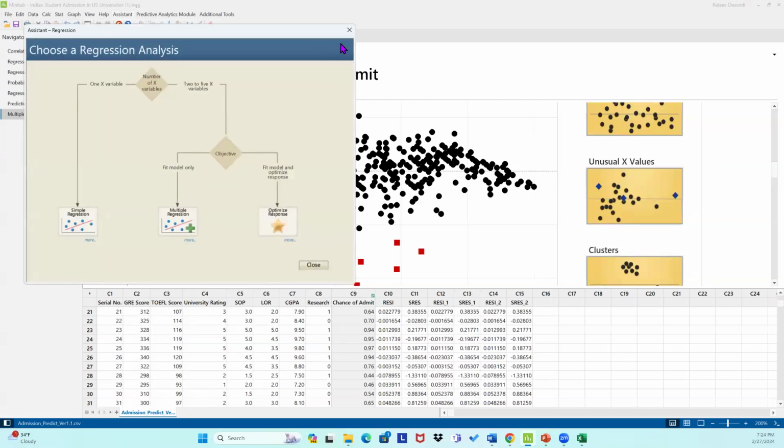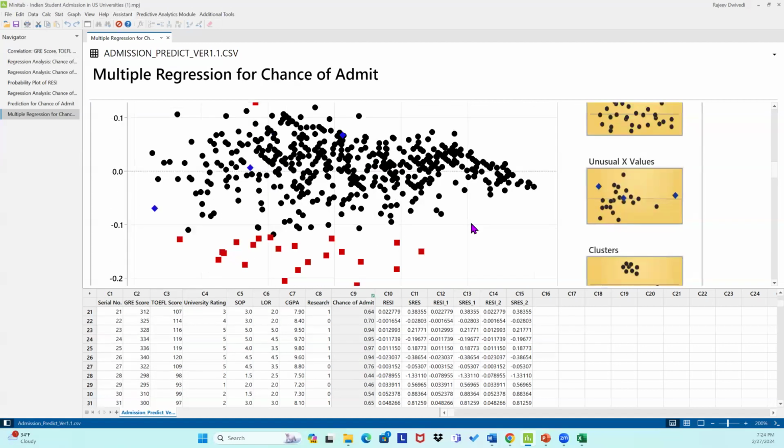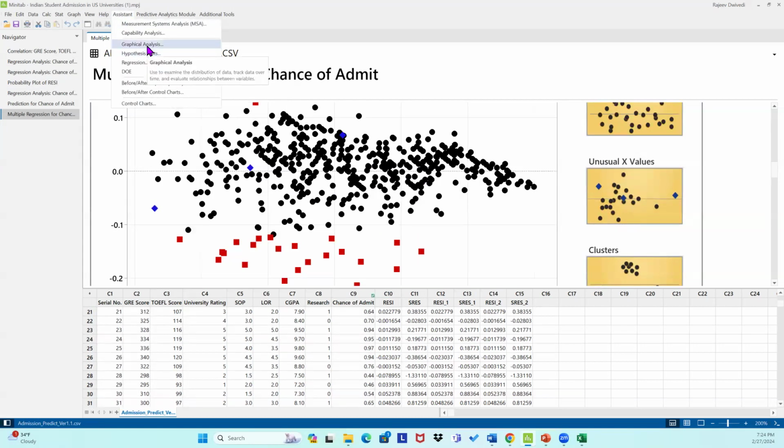So basically, you can see this is residual versus fitted values. It is challenging from there, but I always prefer you go directly from here once you run it. This is the best way.